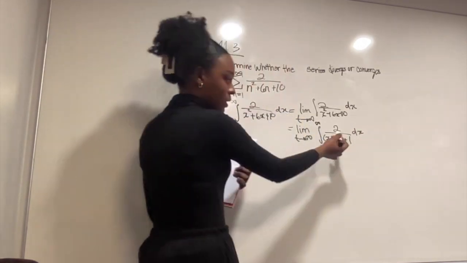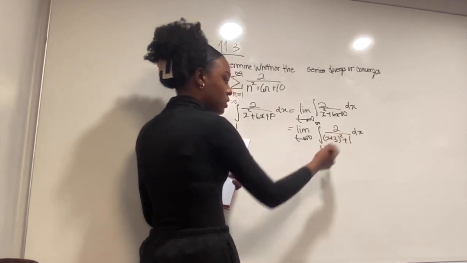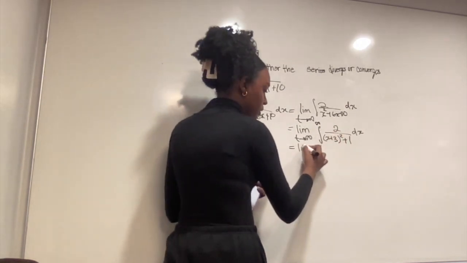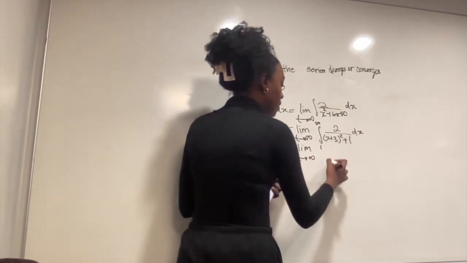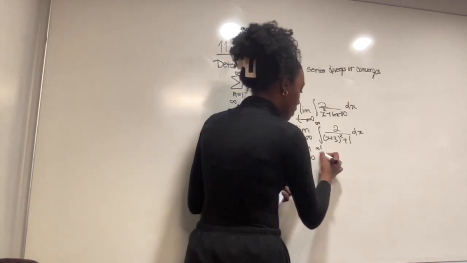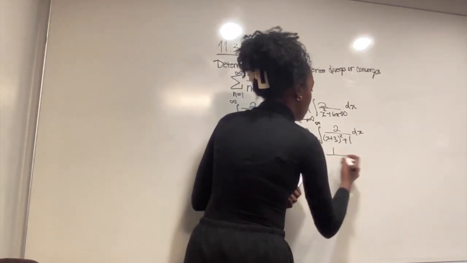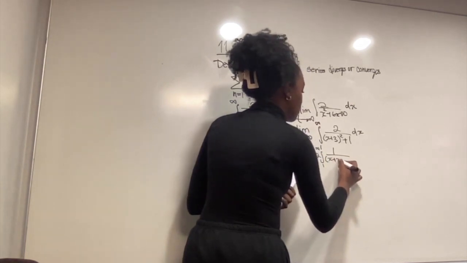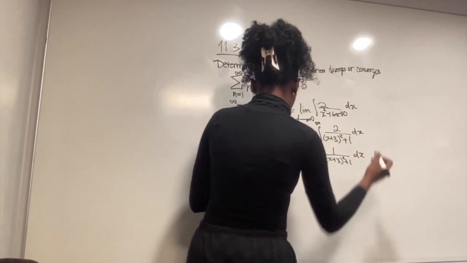And so we see that we have a 2 here, which we can remove out of the integral, and so this can also be rewritten as the limit as t goes to infinity of the integral from 1 to infinity. We bring out our 2, and it becomes 1 over x plus 3 all squared plus 1 dx.